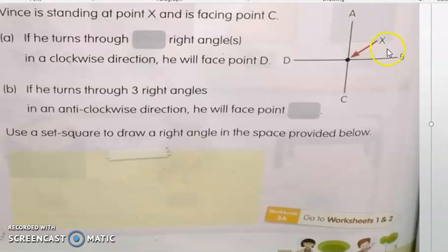Clockwise means the way a clock moves, but here it says anti-clockwise, so he must move in the opposite direction to the clock. So anti-clockwise, 3 right angles: 1 angle, 2 angle and 3 angle. So he is now at position B, and which position is he facing? Position D, point D. So here we have to write point D.